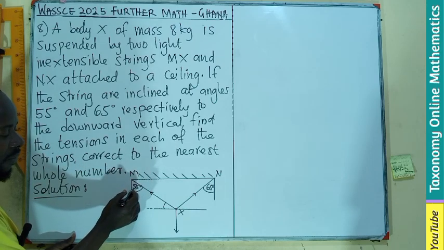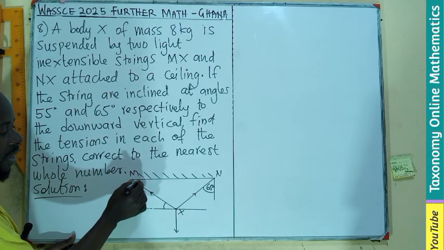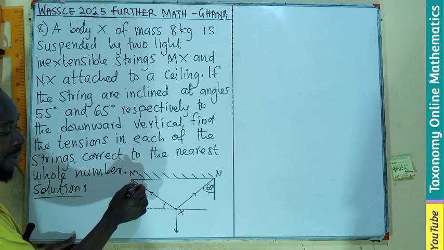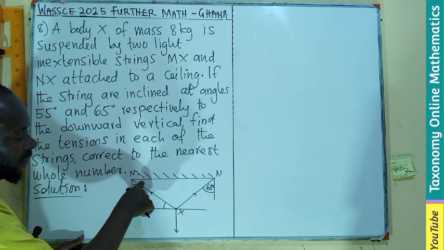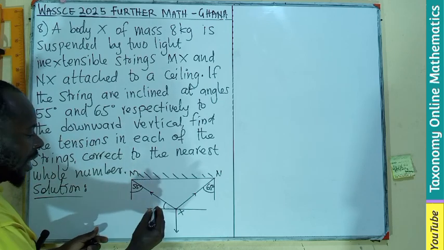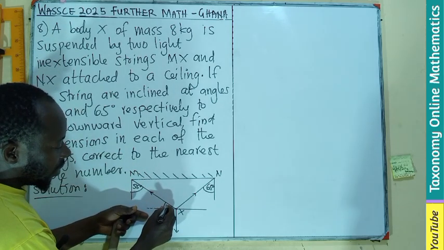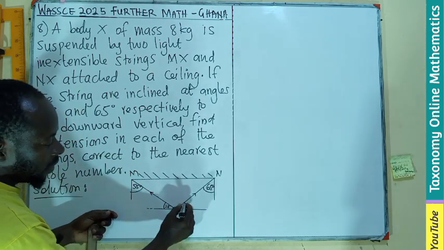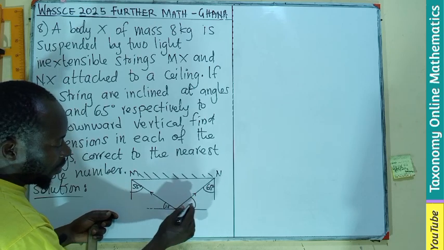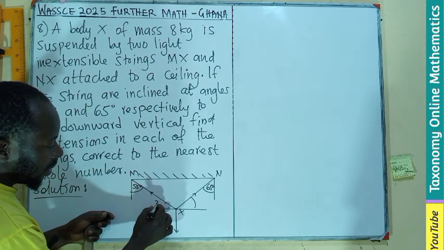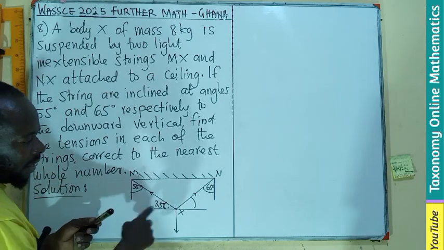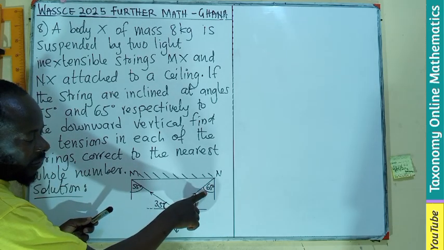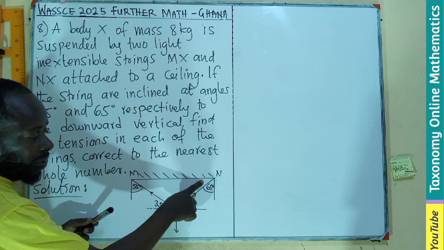So if here is 55, here will be 90 minus 55. That will be 35, right? So here will give us 35 degrees, and the angle here, let me copy here so that I can write it bigger. 35 degrees is here. If here is 65, here will be 90 minus 65.